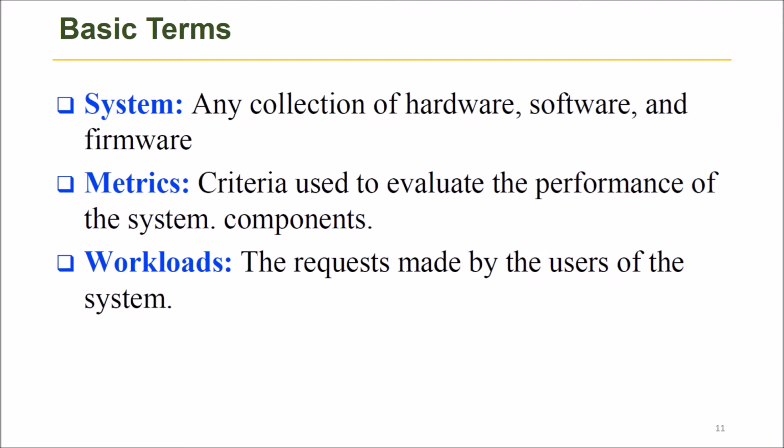In our storage example, the performance metric of the hard disk is the amount of data that we can transfer in a second. Workloads. Workload is the input to the system to evaluate the system. In our example, the workload should be big enough to stress the system.